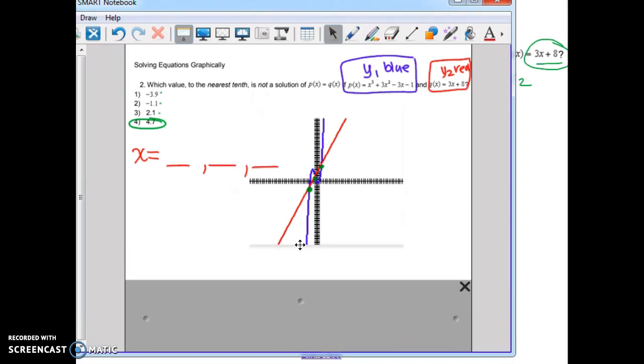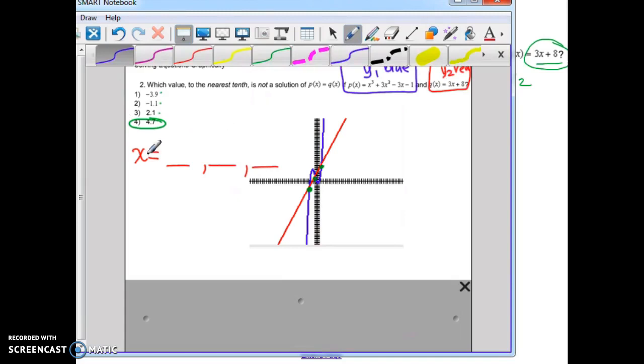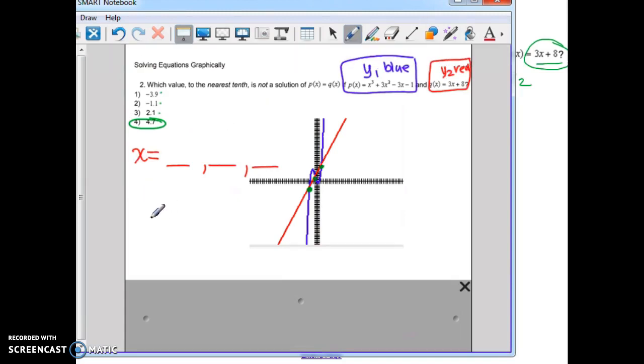And remember, if you want your calculator, rather than estimating, to give you the points of intersection, once you have things graphed, you're going to click second, trace, and then you go to intersect.